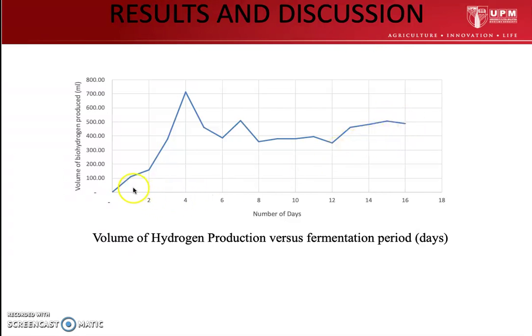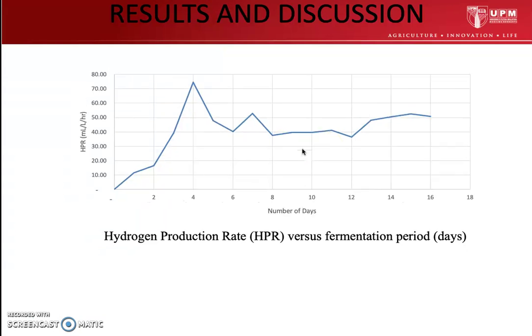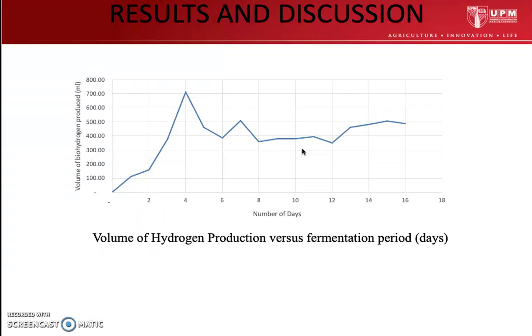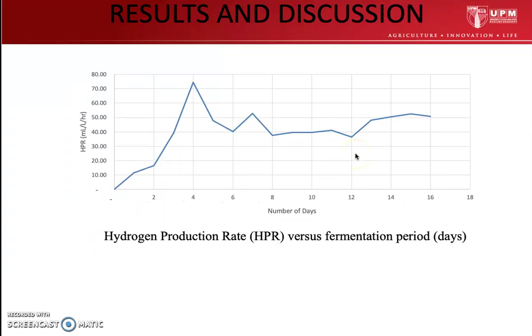At the beginning, the biogas produced was fluctuating, and then as the days went by, it became almost constant. This is the HPR produced versus number of days.